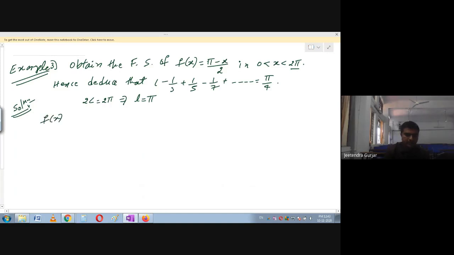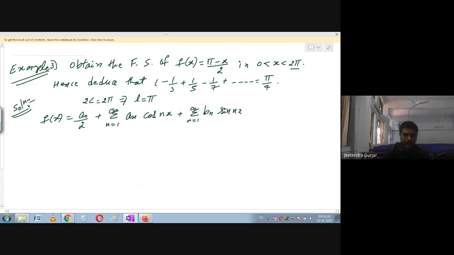Therefore, I am going to write this function as f of x is equal to a naught upon 2 plus summation n from 1 to infinity an cos nx plus summation n from 1 to infinity bn sin nx.